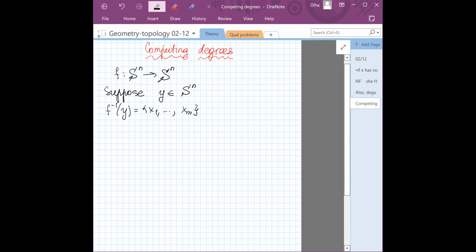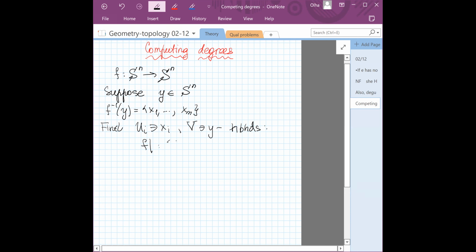Then we're gonna look at f locally. We can find neighborhoods Ui around xi and a neighborhood V around y, such that the restriction of f maps Ui to V, and we also want them to be disjoint.